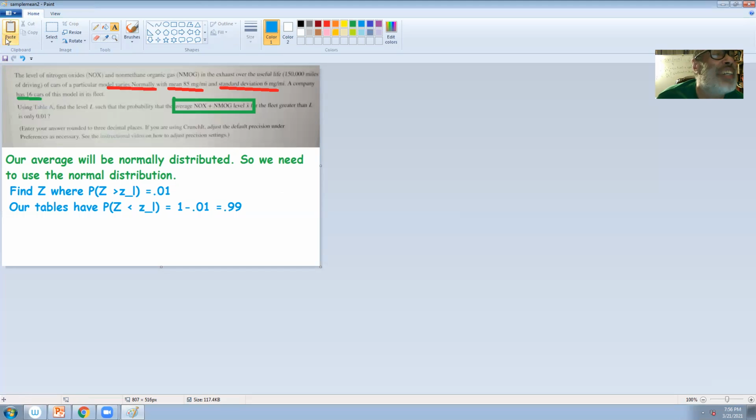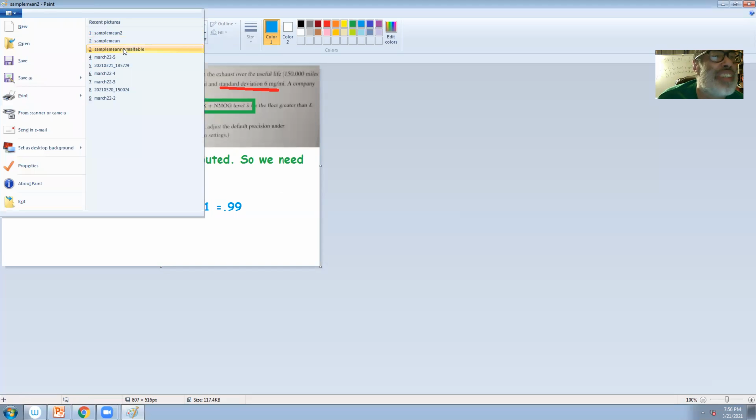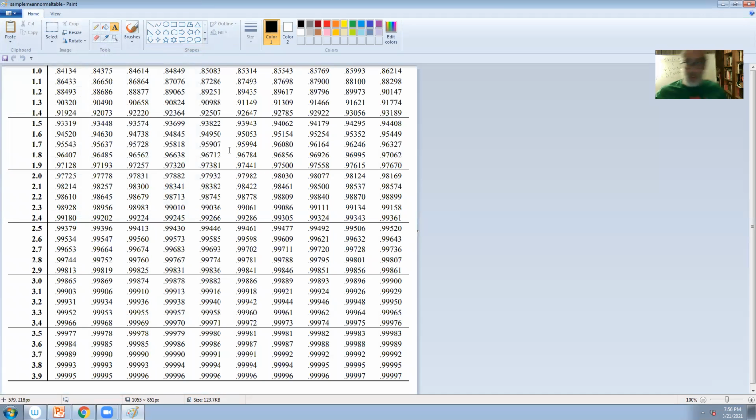I do have a normal table up here, and this is only part of a normal table. We look for 0.99, and we really are looking for 990. You scan it, scan it, scan it. This one's pretty good.